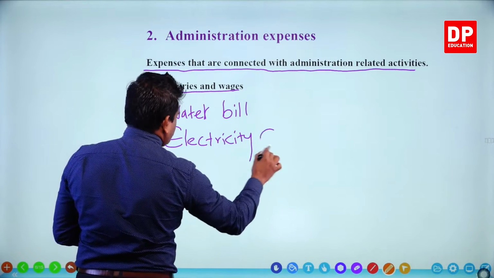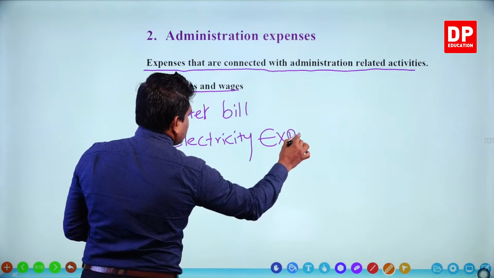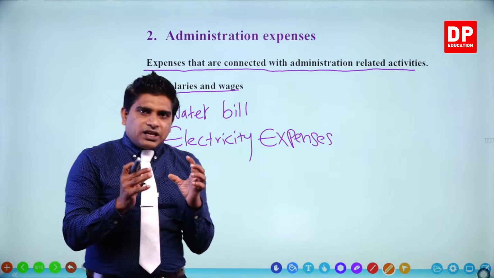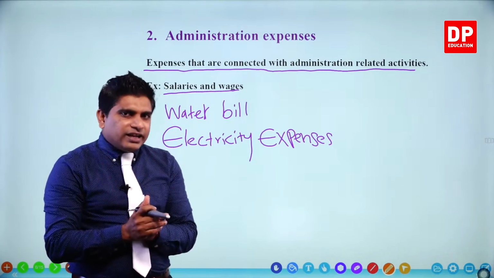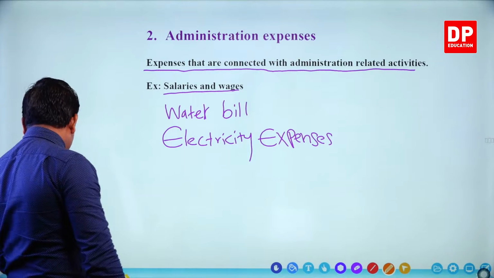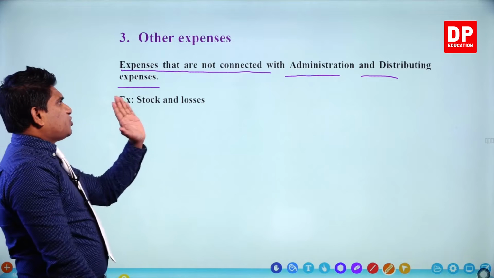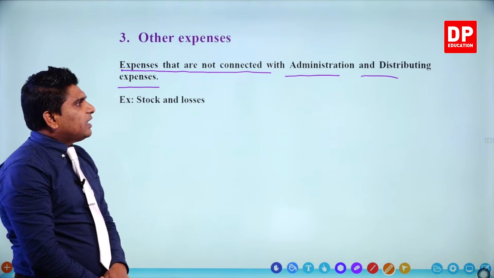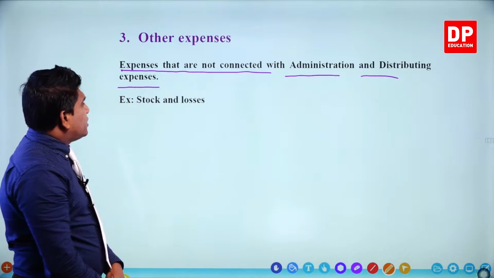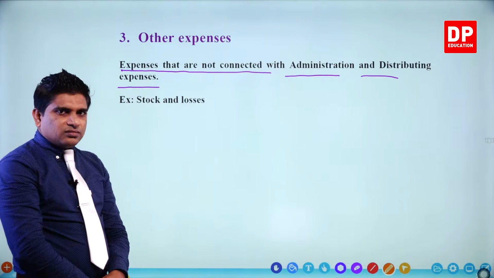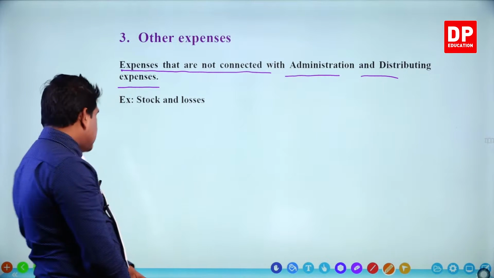Remember, these are all expenses connected with administration-related activities. These are the examples. Now the next one, other expenses: expenses that are not connected with administration and distributing activities. Stock losses, stolen cash, they are the things.